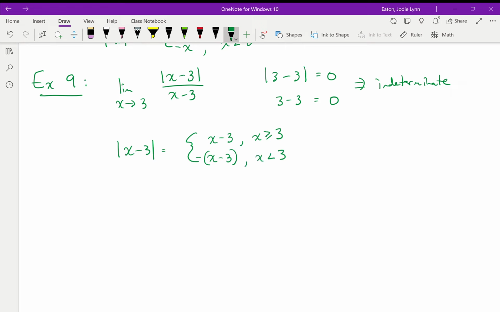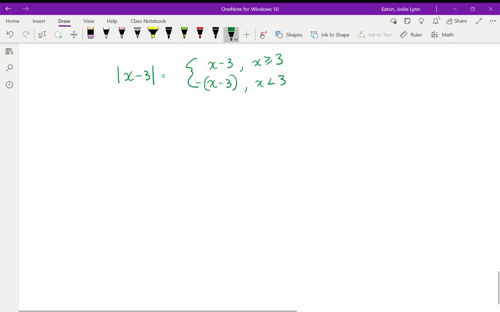Okay, so for example, if x were 2, we would get negative 1 or positive 1, which is what the absolute value does. So now that we have it in piecewise form, we have a piecewise function that switches at 3. So we're going to need to look at a left-hand limit and a right-hand limit, or a limit from above and a limit from below.